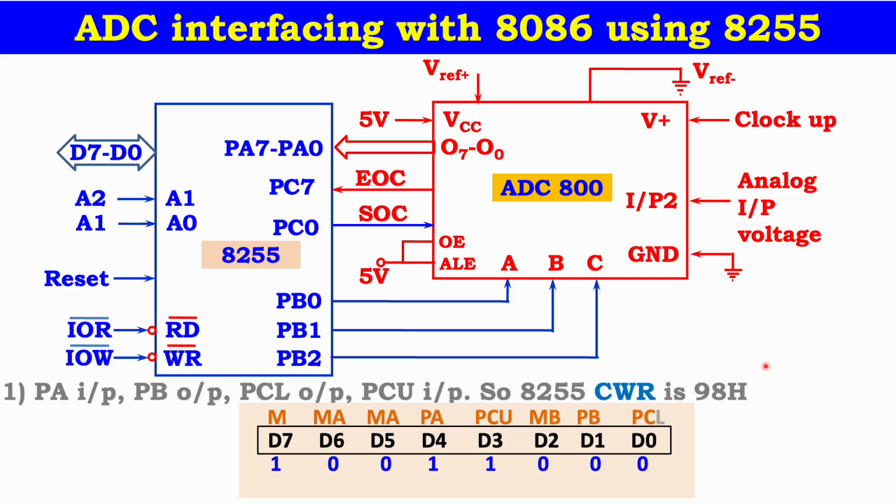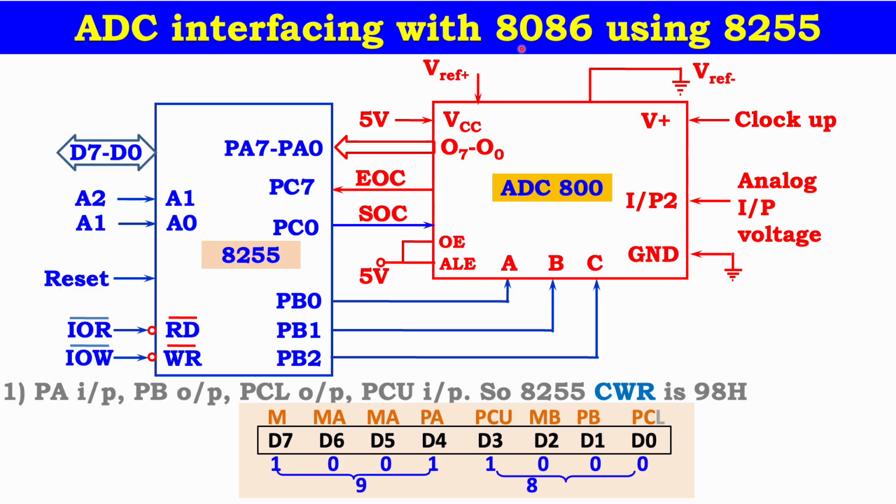So this is the way of calculating the control word to interface port A, port B and port C with the ADC and the 8086. So here we can connect the 8086. So this is the entire circuit for ADC interfacing with 8086.